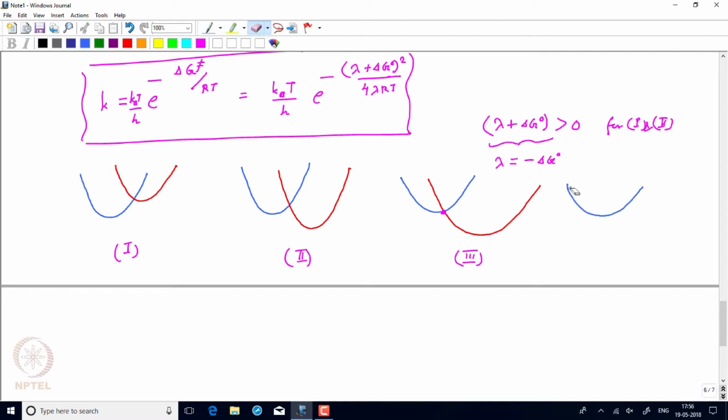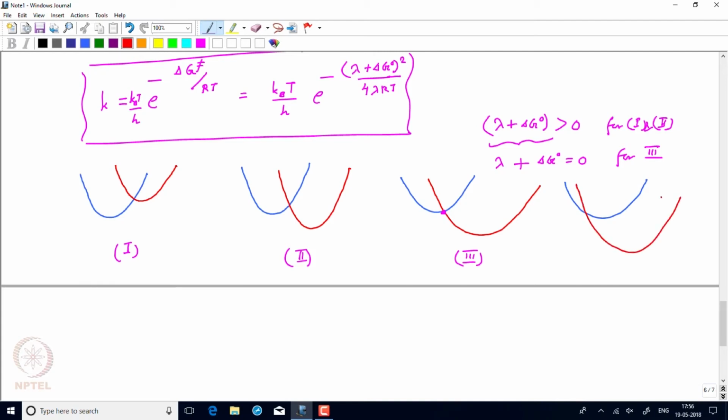So before going to that, let me write the conditions for all of them. In the first and second case we had this, and for the third case we had lambda plus delta G0 equal to 0. So we had maximum rate. And now we are considering another situation where we are moving the acceptor parabola much further down, so that I have a crossing somewhere here.